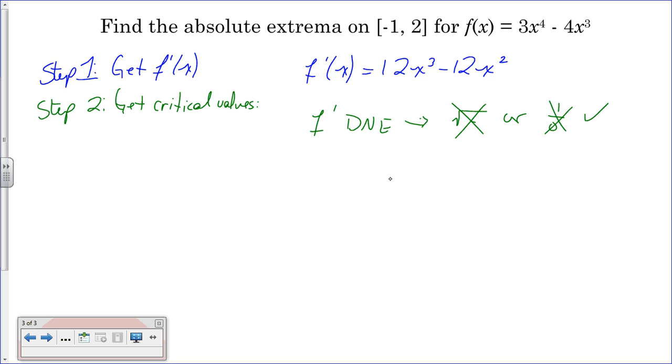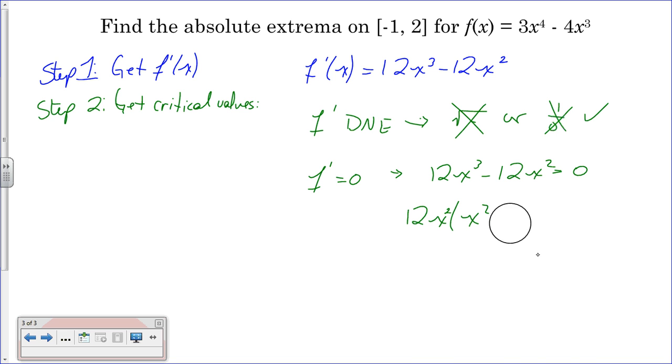So we're done with that. We don't need that. Second one, f prime. Now we need to set it equal to 0. So we're going to take our 12x cubed minus 12x squared, set it equal to 0. You can factor out a 12x squared and get x minus 1 equals 0.